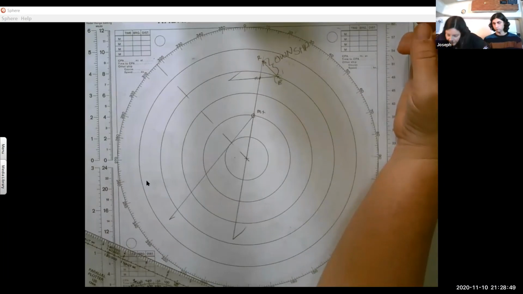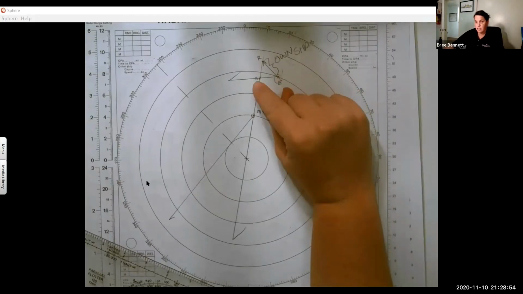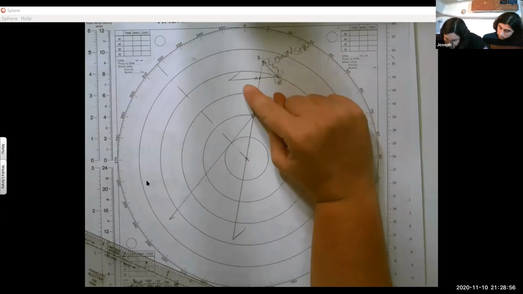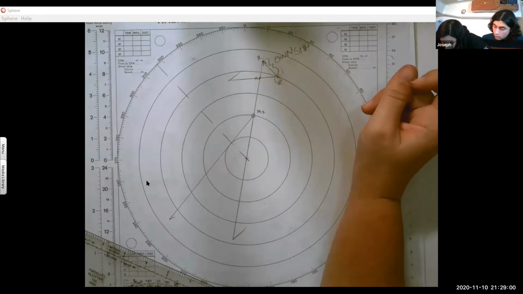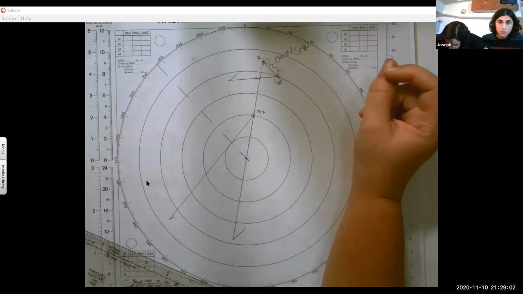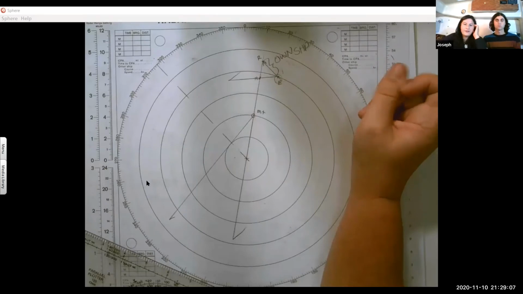All right, got it. Then you can get your E to M, which is their true course and true speed.